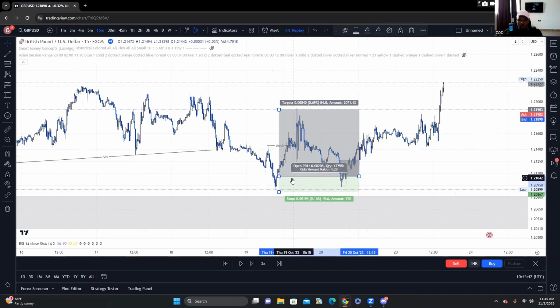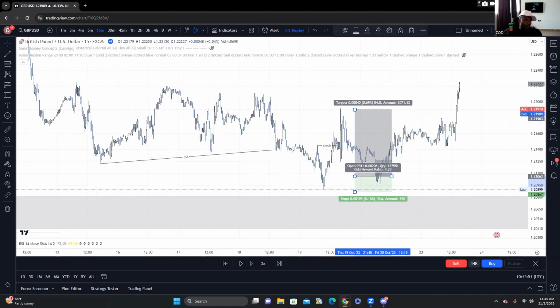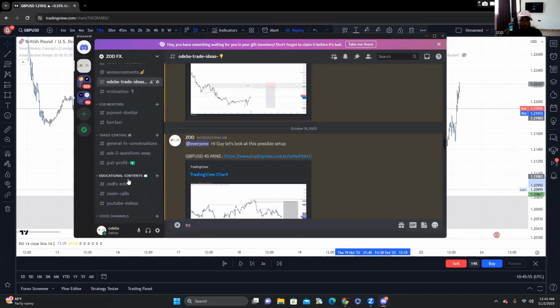Excuse me. So on this trade, we were able to get 1:4.3 on this trade.